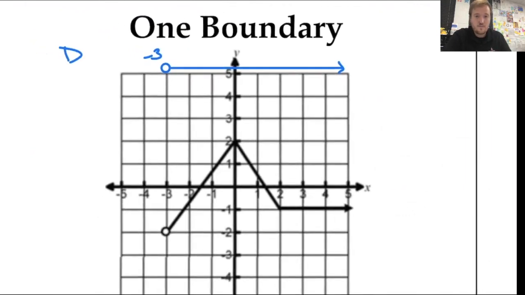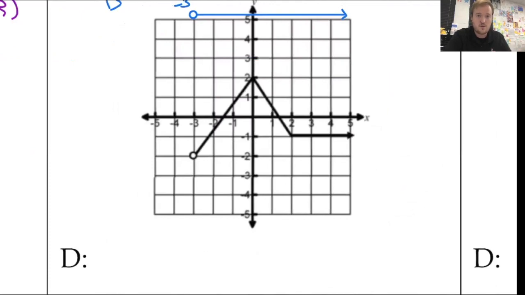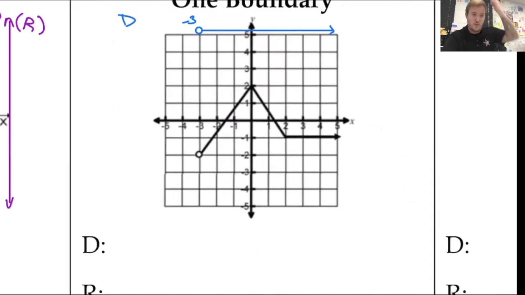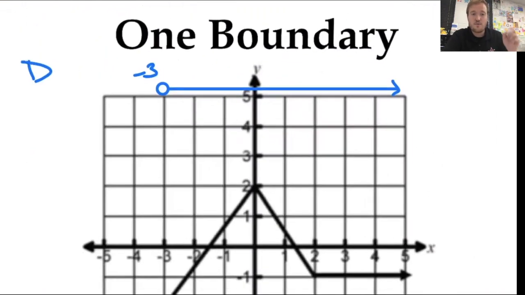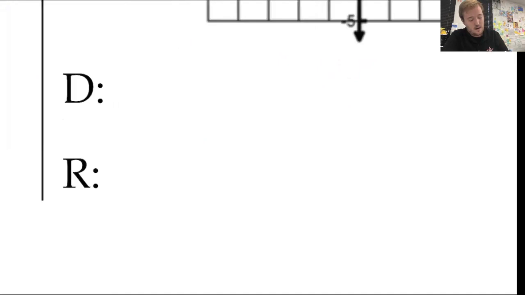All right, so I'm going to go ahead and stop here, and I want to actually show you what that means in terms of the domain. In terms of the domain, what this means is I want every number that is bigger than -3. So I'm going to write my minimum value on the left side and my maximum value on the right side.